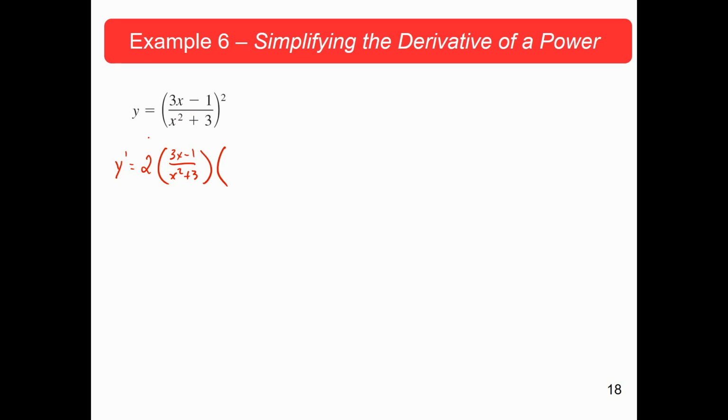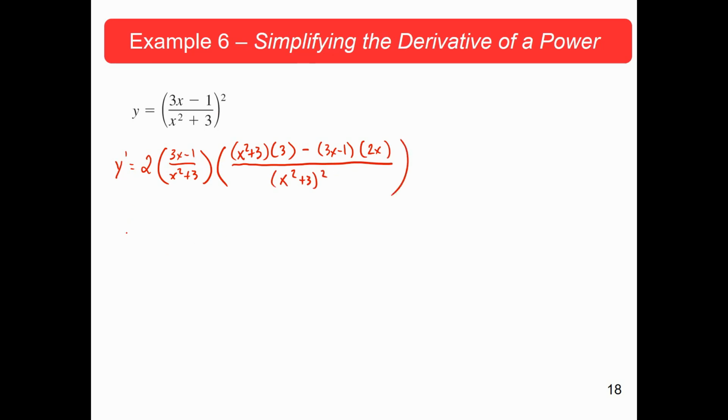So now we're going to do low d high, so low times d high, which is just 3, right? Derivative of 3x is 3, derivative of negative 1 is 0, minus high, 3x minus 1, d low, derivative of x squared is 2x, derivative of 3 is 0, so we don't worry about it, over low low, x squared plus 3 squared.